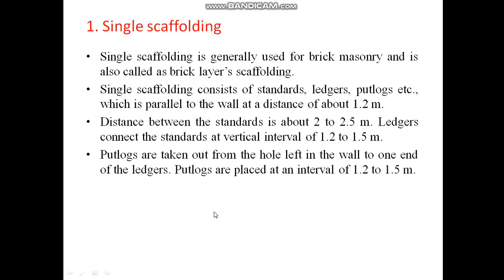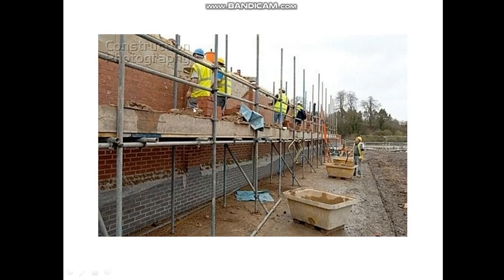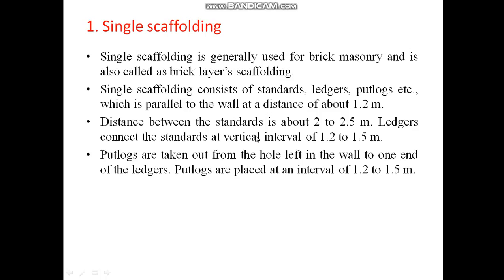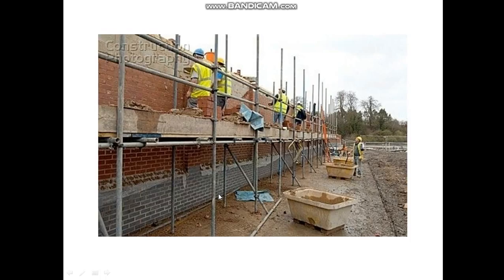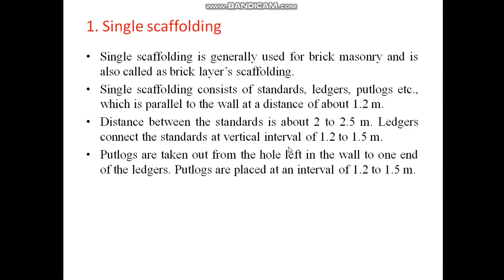Now the putlocks are taken out from the holes left in the wall, that is, one end of the putlock is inserted in the wall and the other rests on the ladders, and the distance between these two putlocks is around 1.2 to 1.5 meter. So this is the single scaffolding, also known as the bricklayer scaffolding.